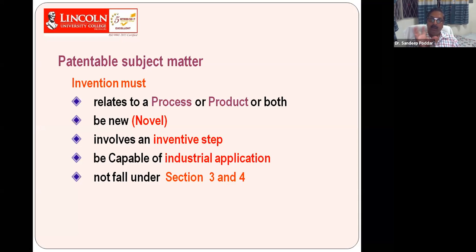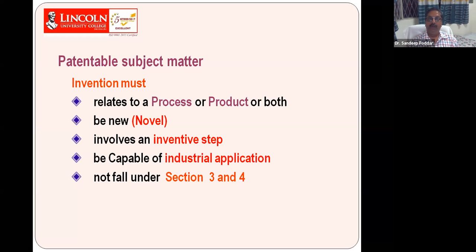Then a new thing should be new, not that we have done this and are doing the same thing again. It involves an inventive step and is capable of industrial application. Without industrial applicability, there is no need of patent. They do not fall under the section. That one we will discuss.